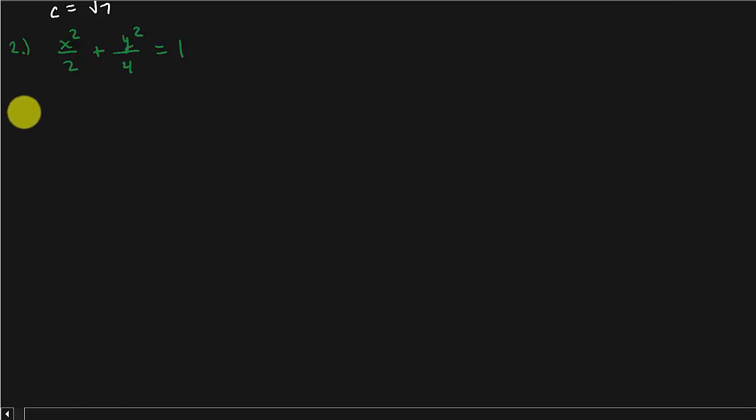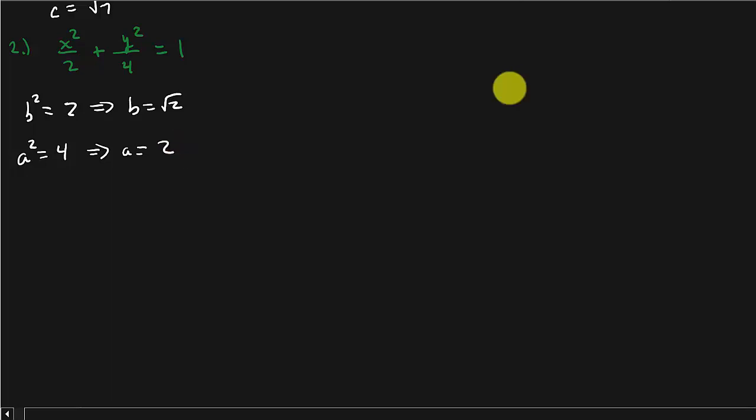Okay, so we know here that b squared is equal to what? Remember, b is the smaller number. It's under x squared here. I'm sorry, B squared is 2. I was getting ahead of myself. So b is equal to the square root of 2. And here a squared is equal to 4, which tells us a is equal to 2.